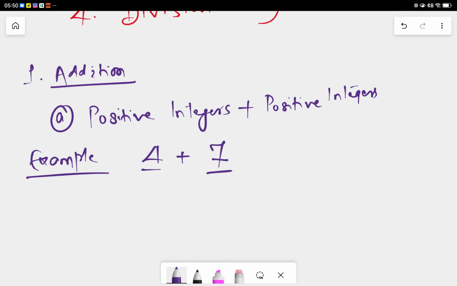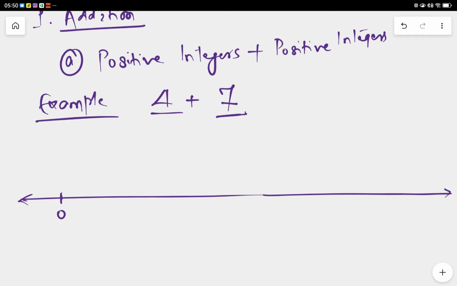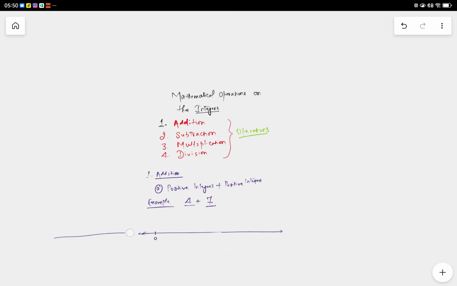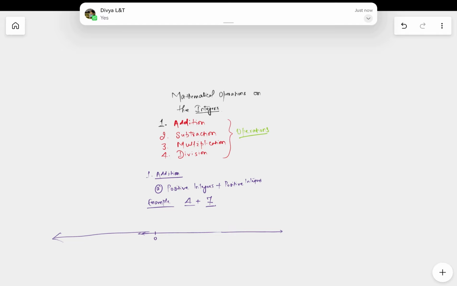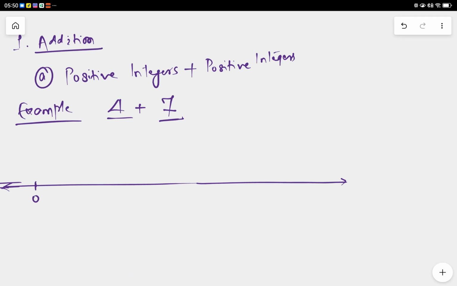So we will try to map this through a number line. Since both the numbers are positive, we will take 0 here, not in the middle. That represents that the number line is actually very big, and 0 lies here. And we will point out 4 here.